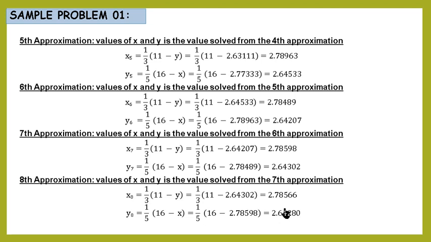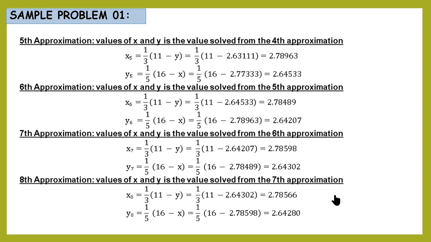And then, 2.643, 2.643. So, kahit hanggang third decimal tayo, parehas sila. Approximately, parehas yung 7th iteration natin and 8th approximation natin. So, magkasunod, consecutive. So, pwede na tayong mag-stop.